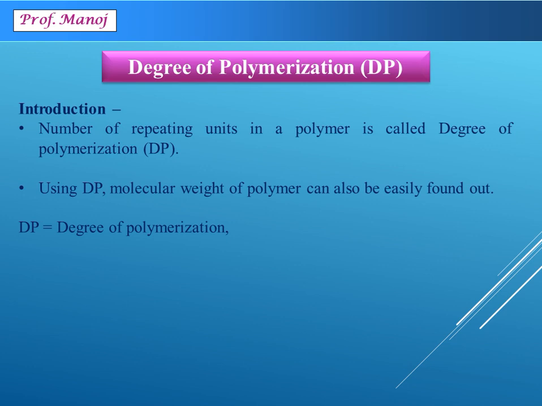If I give a symbol dP to degree of polymerization, small m for molecular mass of monomer and capital M for the molecular mass of polymer, then molecular mass of polymer is given as multiplication of degree of polymerization and molecular mass of monomer. This completes our entire topic of polymers.